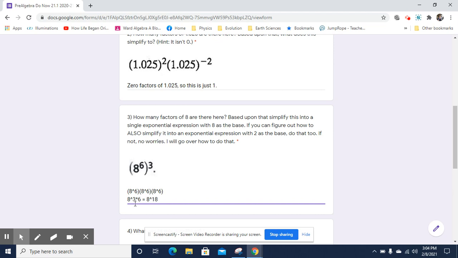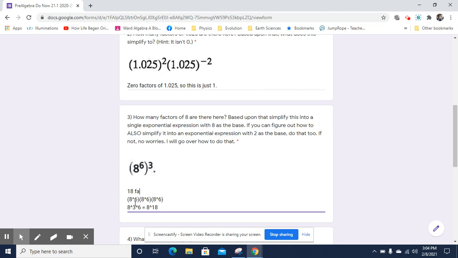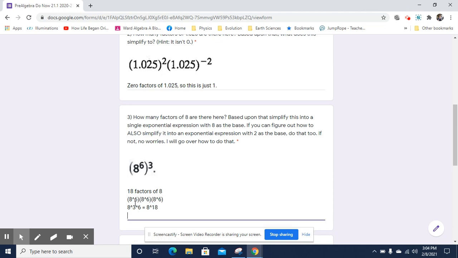So I have 18 factors of 8. And now this, of course, is the simplification with 8 as the base, 8 to the 18th. But how could we deal with this as an expression with 2 as the base?